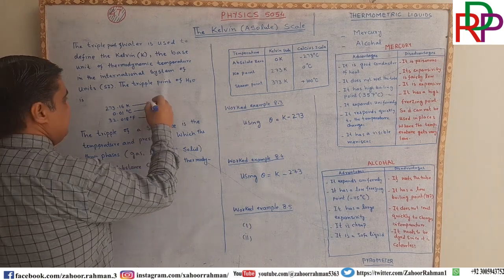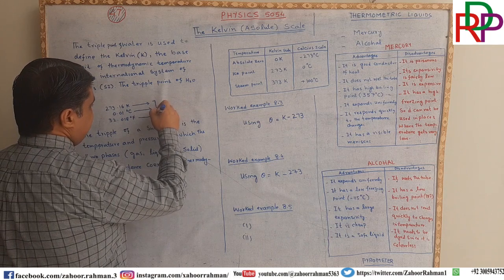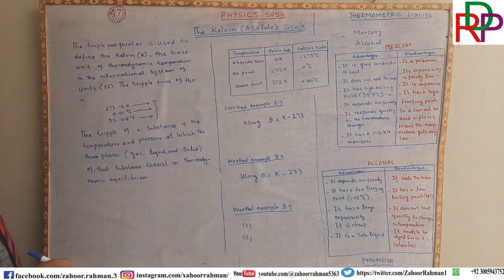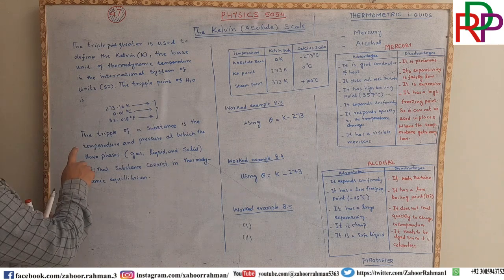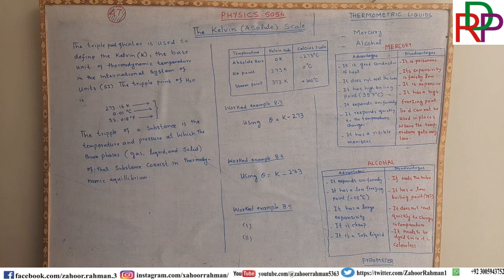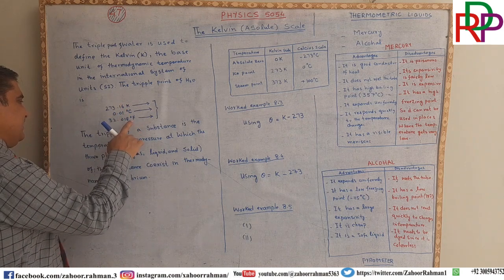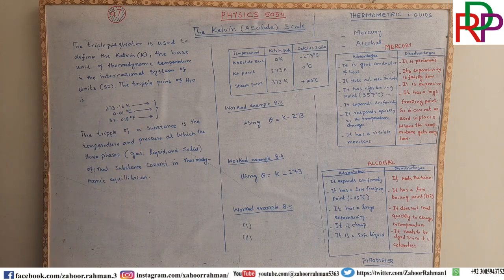These are the three points at which we have water in equilibrium. So these three temperatures refer to the same point in different scales: Kelvin scale, Celsius scale, and Fahrenheit scale.